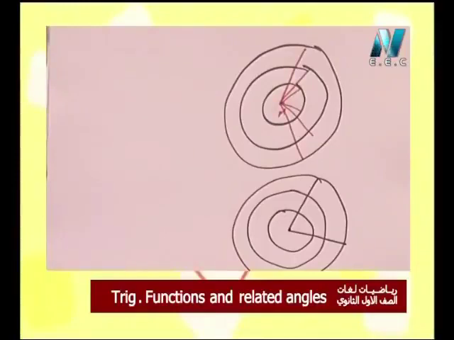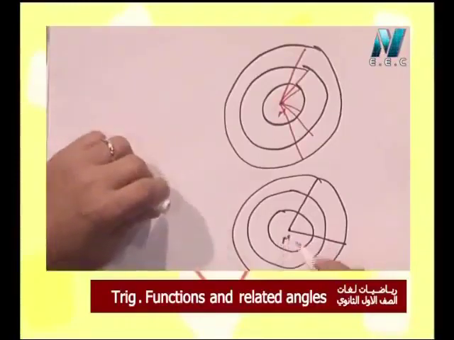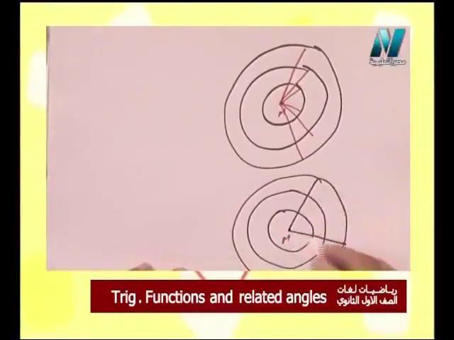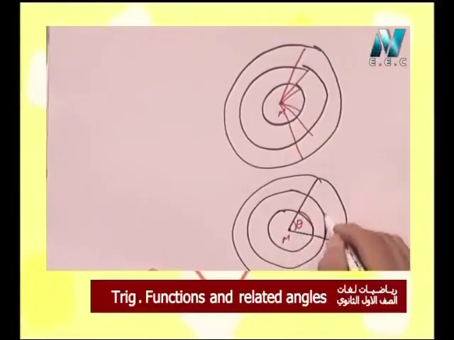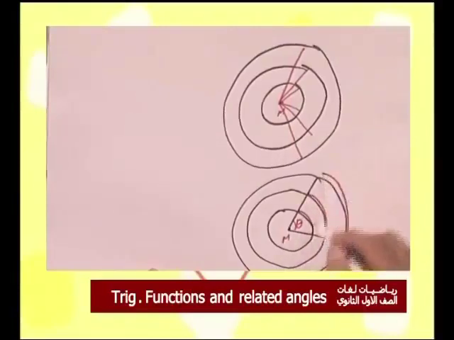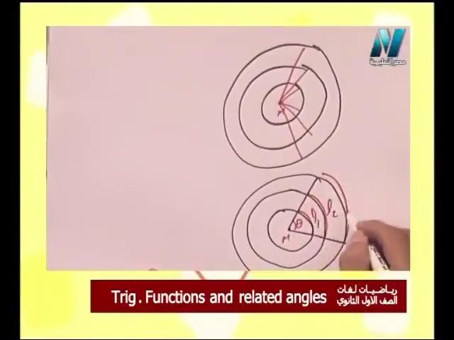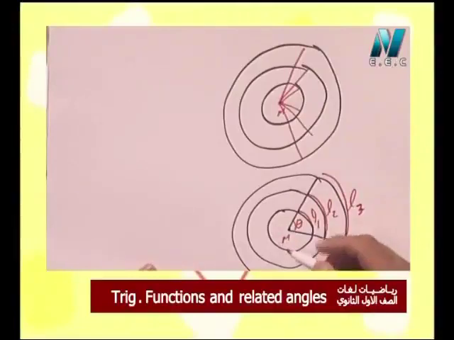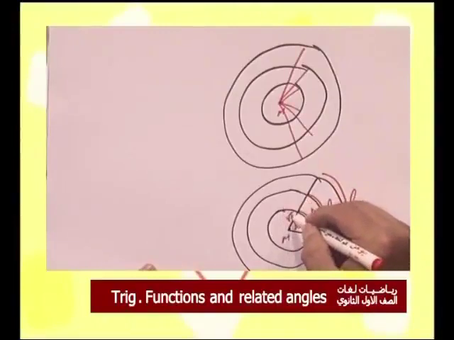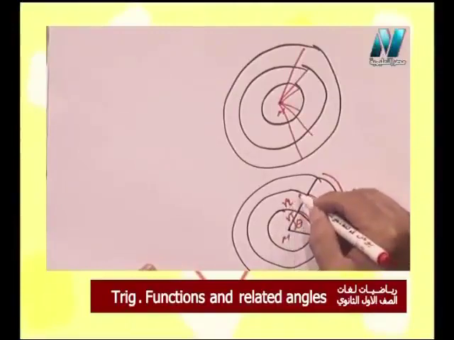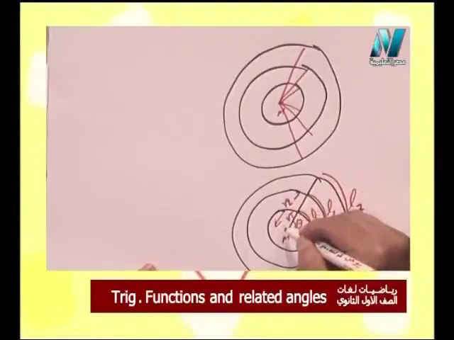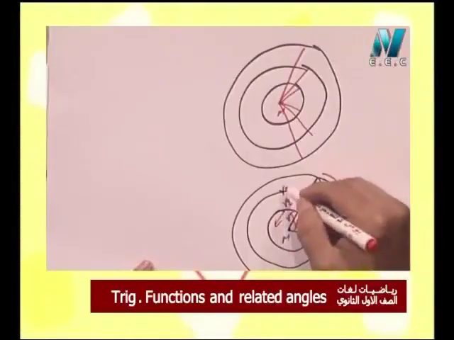We have the center here, M, and all these circles have the same angle, which is theta, but different arcs in length, L1, L2, L3, and different radii. This is the radius, this is another radius from this point to this point, and R3.